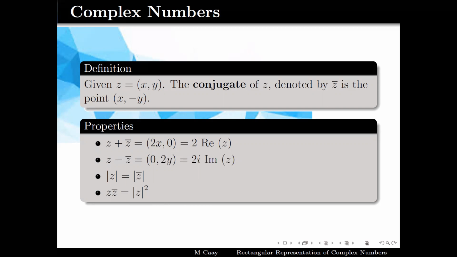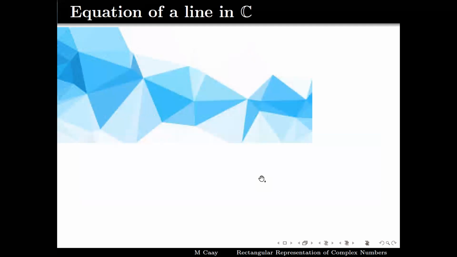Since we are on the level of the rectangular interpretation of a complex number, let's consider first an equation of a line in a complex plane as an interpretation here.